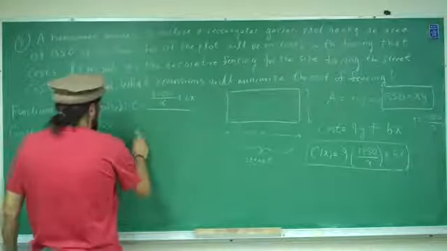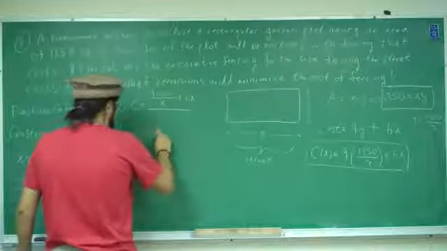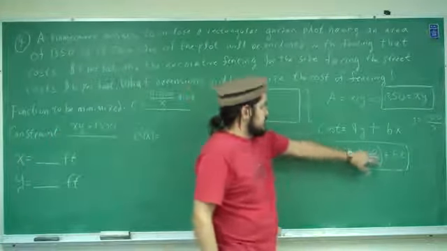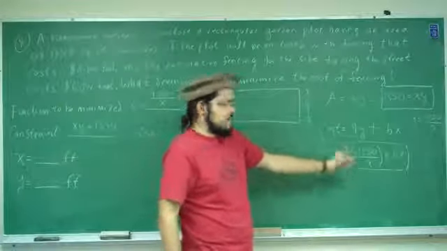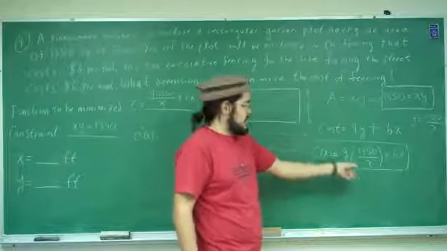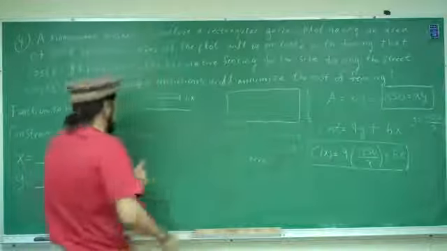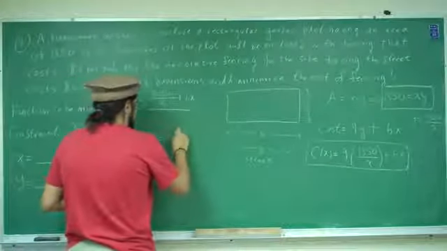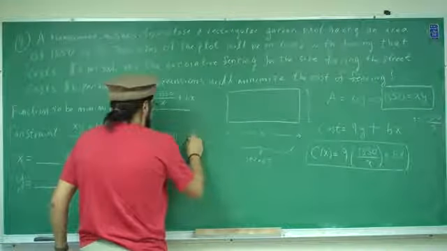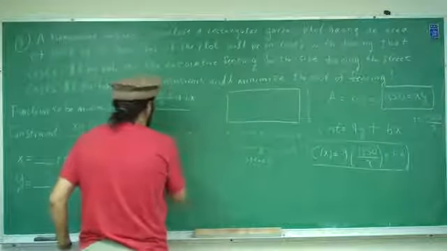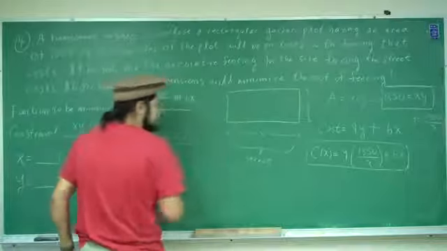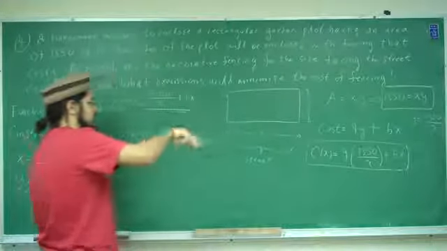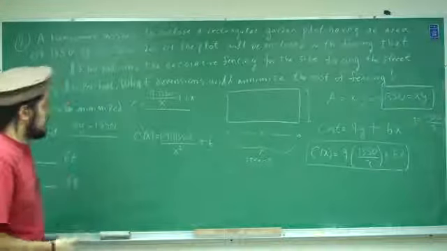Alright, so C prime is then equal to 9 times 1,350, which is a constant, so I'll bring that outside, and I have 1 over x. That's the same thing as saying x to the negative 1. So I use the power rule and I'll obtain negative 9 times that divided by x squared, and that's plus 6. The derivative of 6x is just 6. Okay, so we have that now.